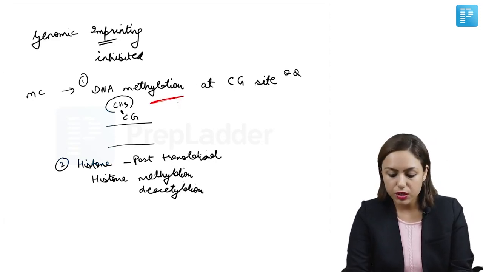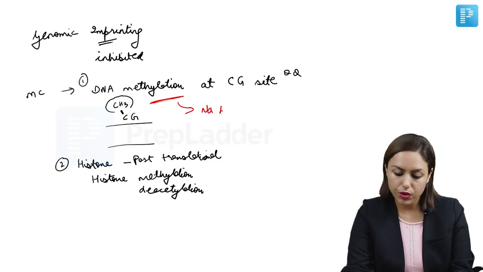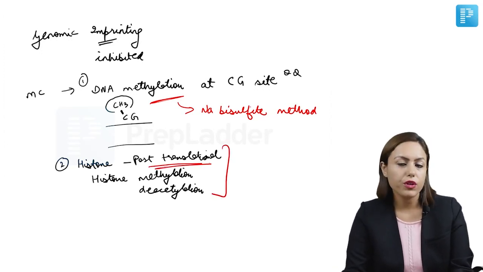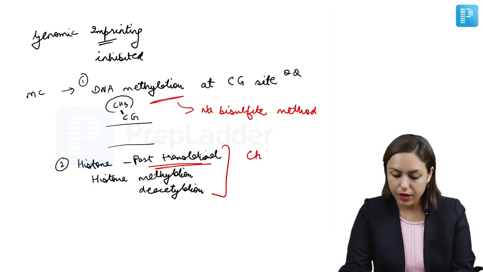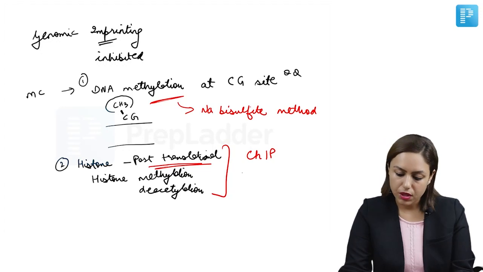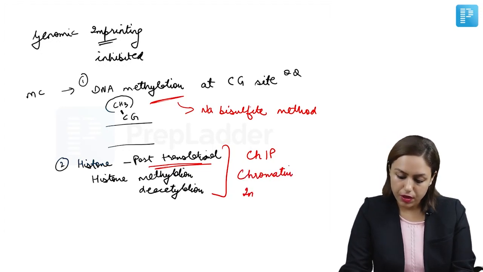This DNA methylation is detected by the sodium bisulfite method, and post-translational modifications of histone are detected by ChIP, C capital, H small, I small, P capital. That is, ChIP stands for chromatin immunoprecipitation.